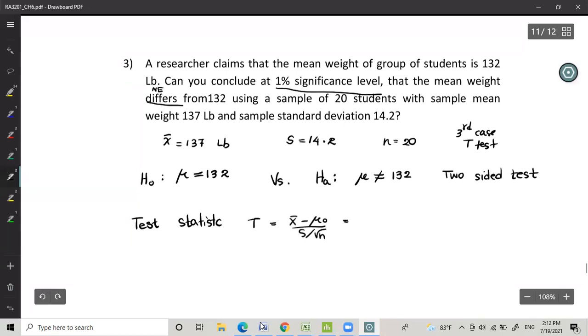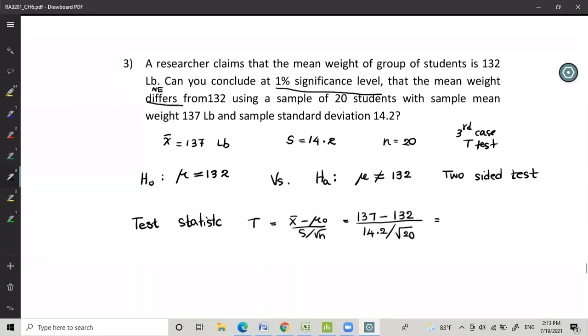X bar is the value you see in your sample mean, it's 137. Mu naught is what you see under the claim, H naught, that is 132, divided by S, which is given as 14.2, divided by the square root of 20. Right, so that will give you a T score.